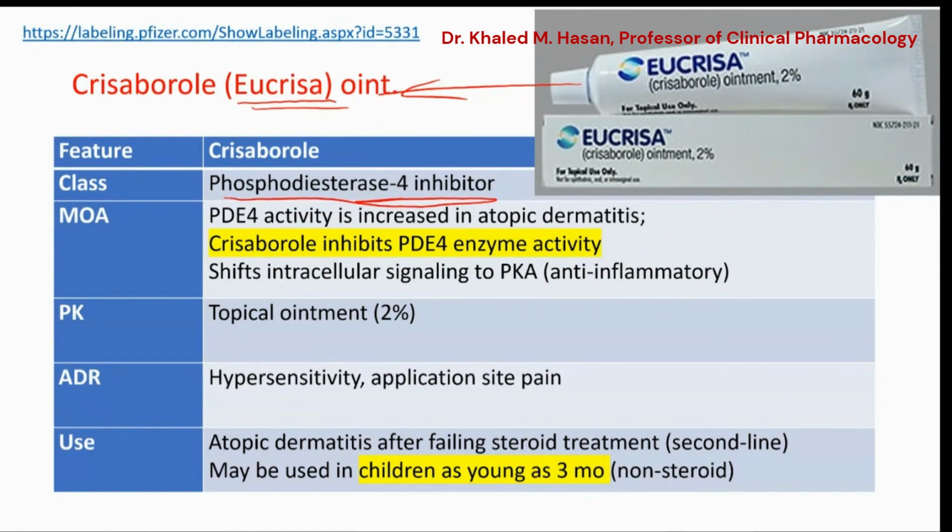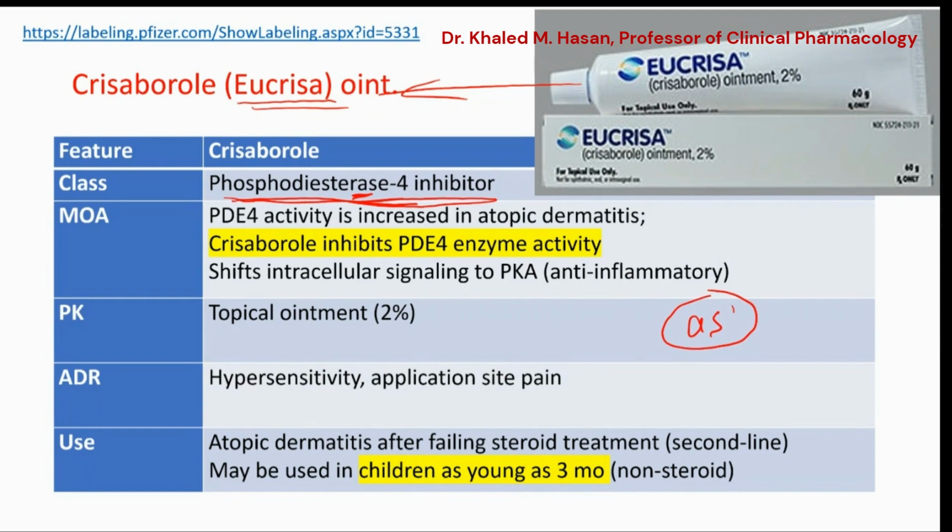Give me the generic name. Apremilast. If you remember, we discussed apremilast with ankylosing spondylitis. Thank you. So remember, apremilast and phosphodiesterase. Okay, so this is the second medication.